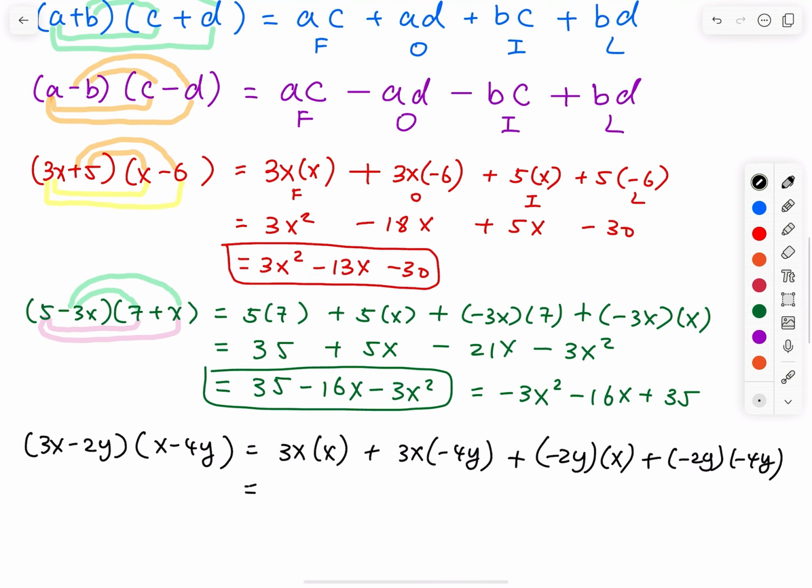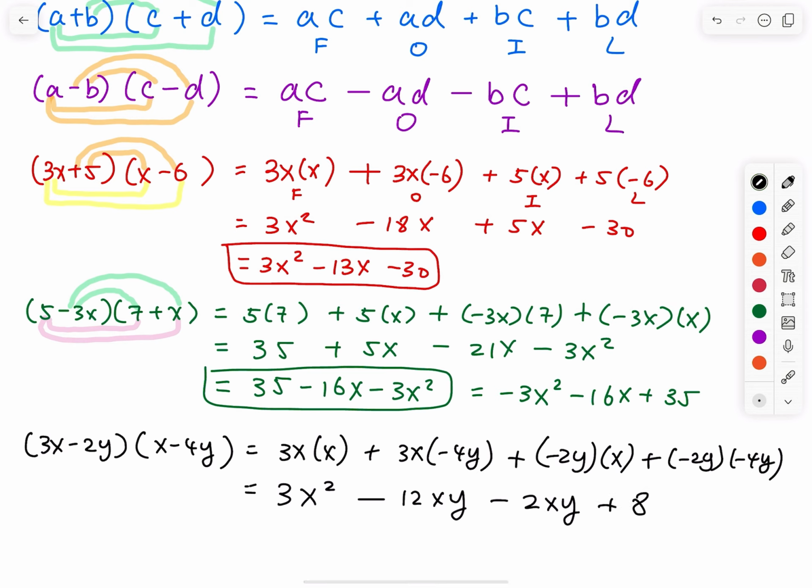Clean this up. 3x squared plus minus, you see that? This will just do the job for me. Minus 12xy minus 2xy. Can I do yx? It is not wrong, but usually they put it in alphabetical order as well. X, Y, Z, right? X first, Y second, and then Z last.